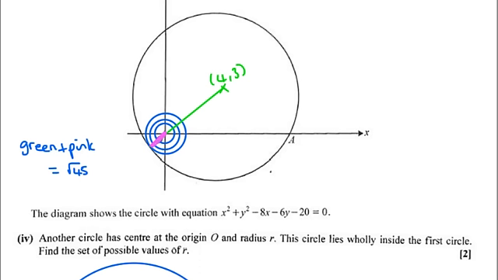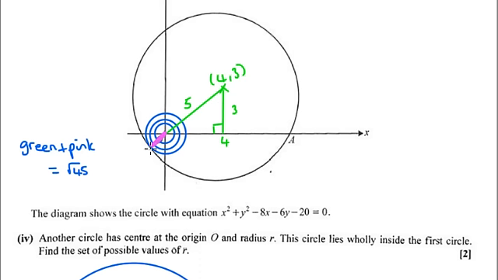And it's quite easy to work out the length of the green line, because if I drop a line down here, given that it starts at the origin and we've got a 90-degree angle here, this length is 4 and this length is 3. So we've got a 3, 4, 5 triangle. This length here from the origin to the centre of the circle is 5.